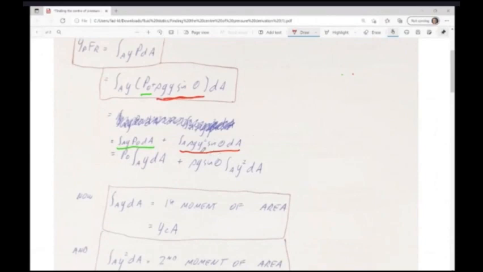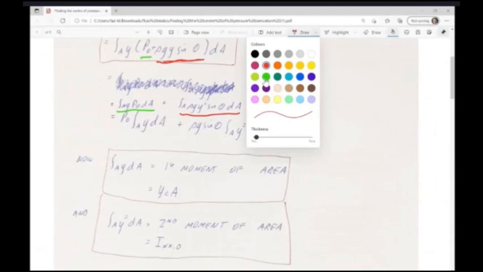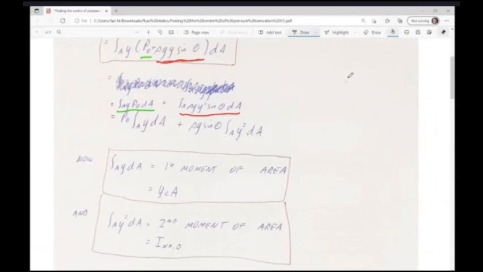If we take those terms, P0 is clearly not a function of A, so we can move that outside of the integral sign. So we end up with P0 times the integral of y dA. The integral of y dA, we've said before, is known as our first moment of area.